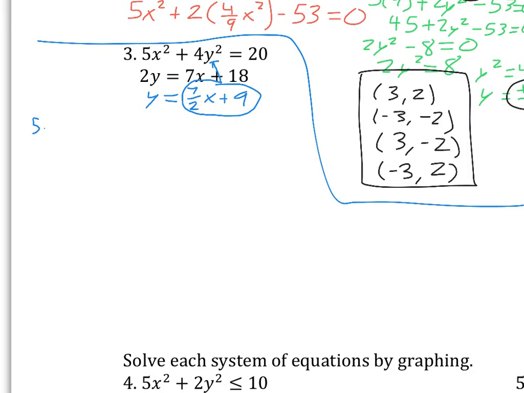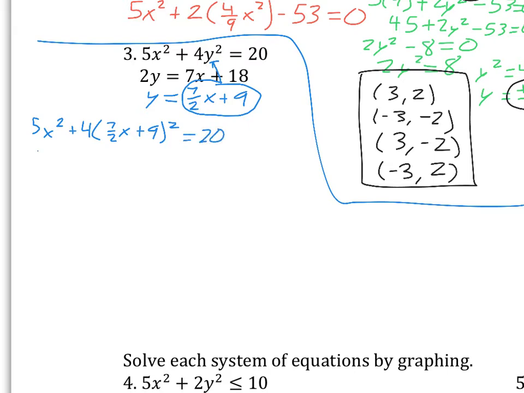So this gives us 5x squared plus 4 times (7 over 2 x plus 9) in parentheses. That whole thing gets squared, equals 20.